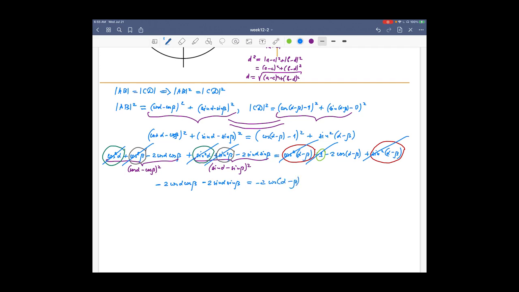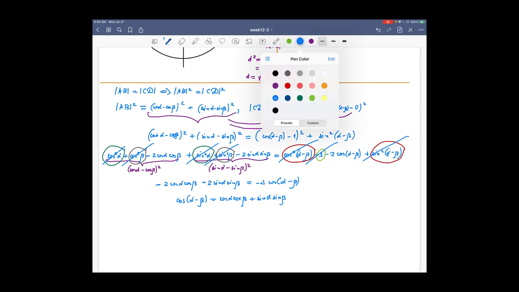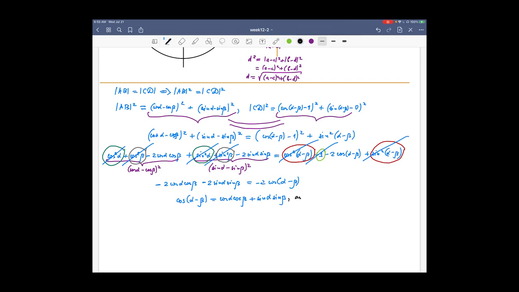Upon canceling by negative 2, we get cosine of alpha minus beta equals cosine alpha cosine beta plus sine alpha sine beta, as claimed. That is a very important formula. We'll use it all the time.